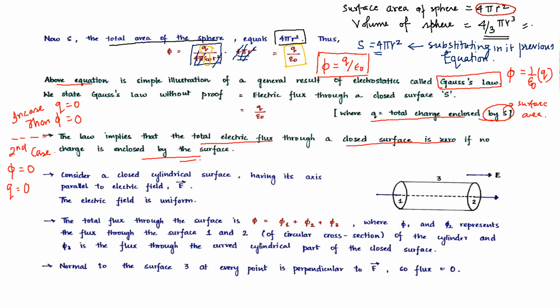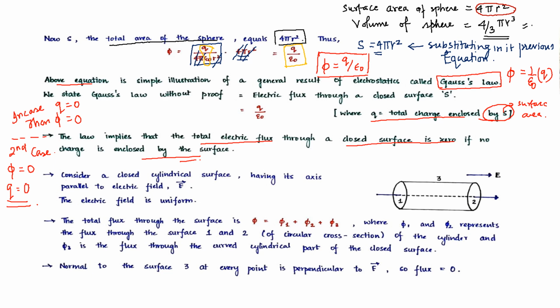The charge contained by this surface is 0. In case charge is 0, xi will definitely be 0. But somewhere someone is telling us the surface isn't giving us any flux. We can conclude the surface does not contain any charge. Now we will understand how valid this particular concept is.